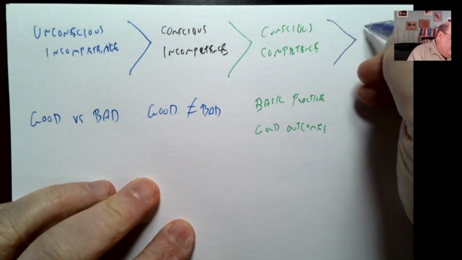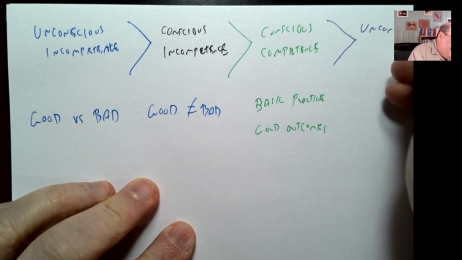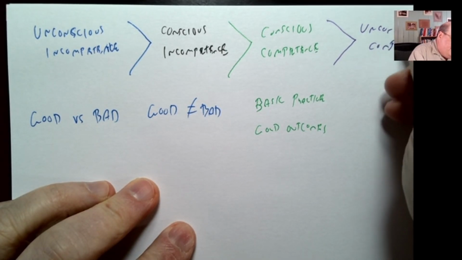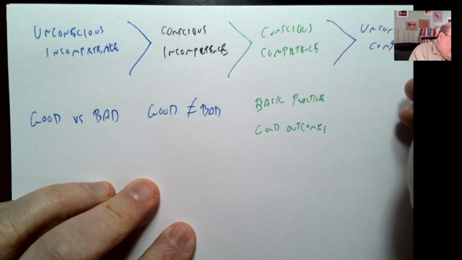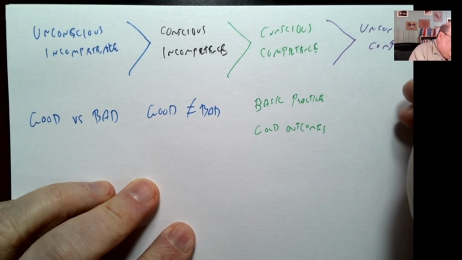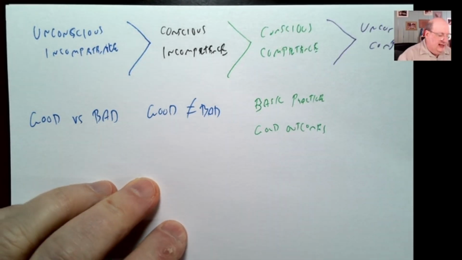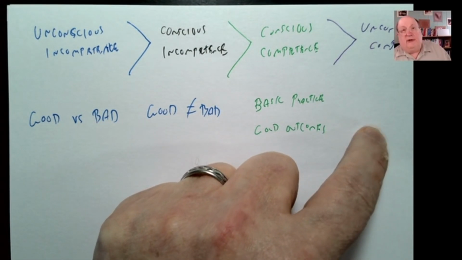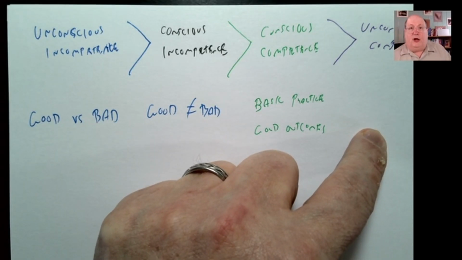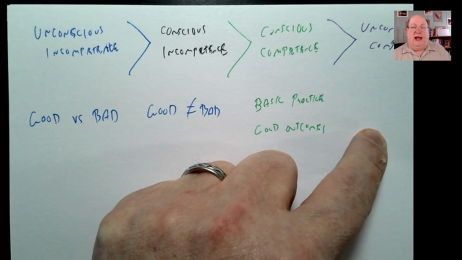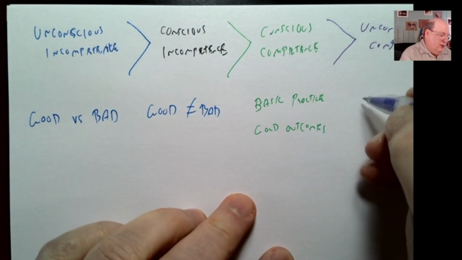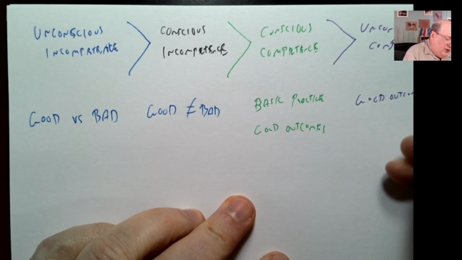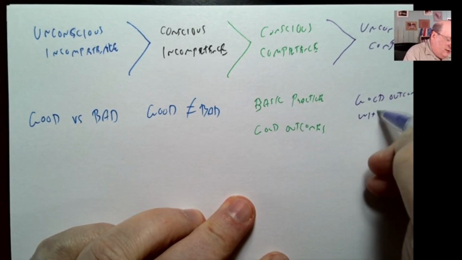And this is actually called unconscious competence. And unconscious competence just sort of happens, right? It is the ability to do the work without much conscious thought and to get good outcomes. So this is basically good outcomes without thought.